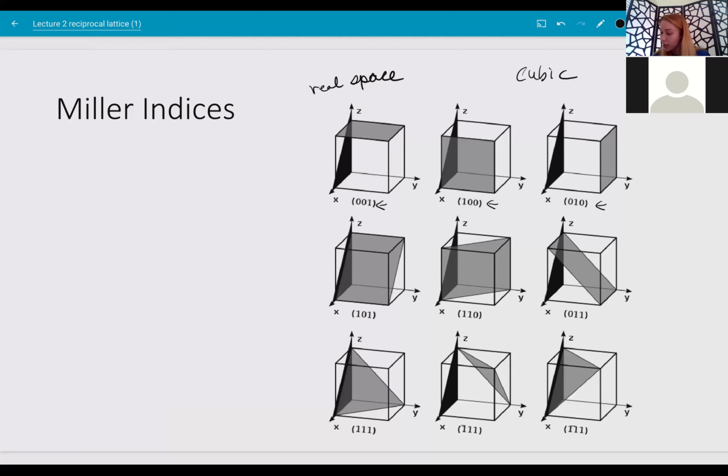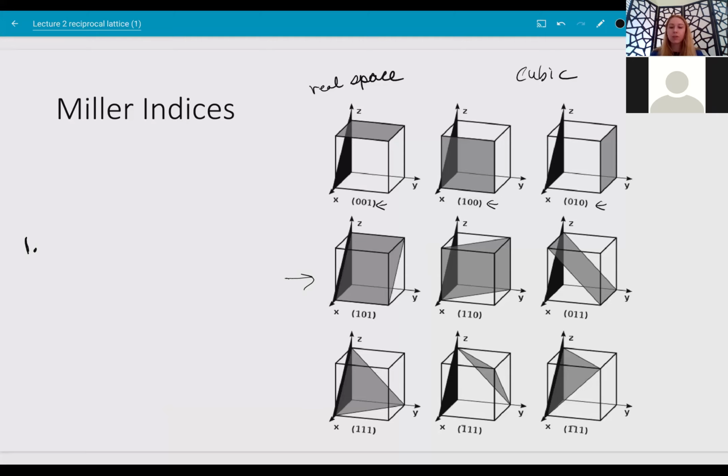Let me actually do that for this row right here. Okay, so the first step is to find the intercepts. Let's say we wanted to slice up the crystal structure into these diagonal planes that are drawn here in this drawing.